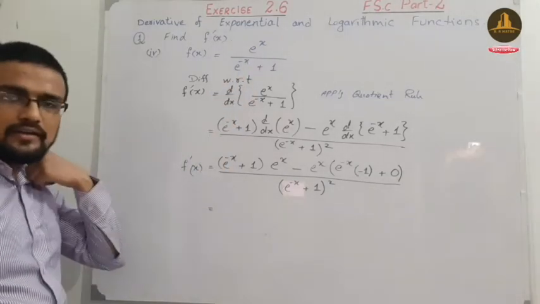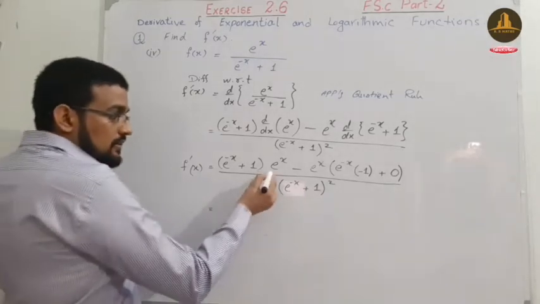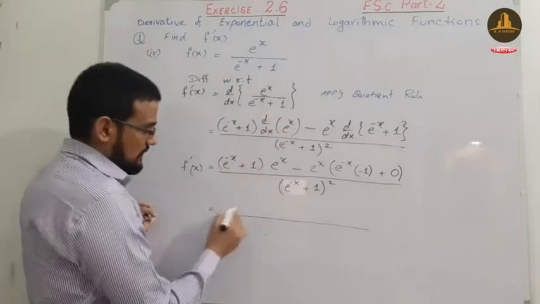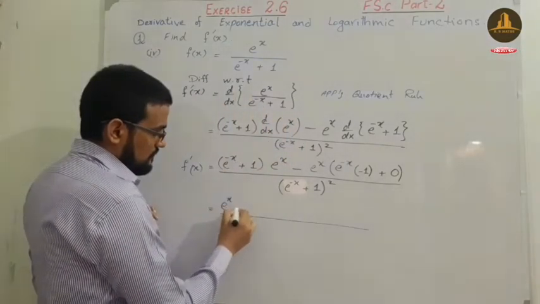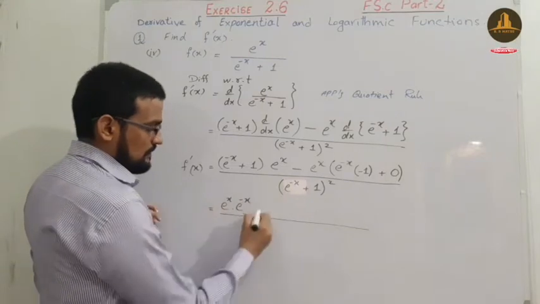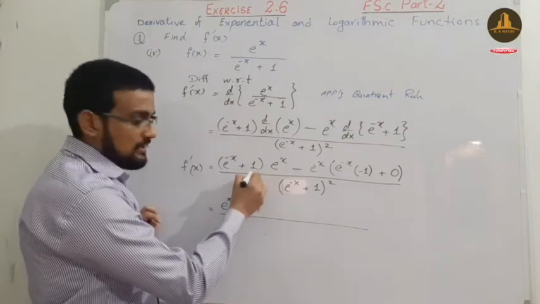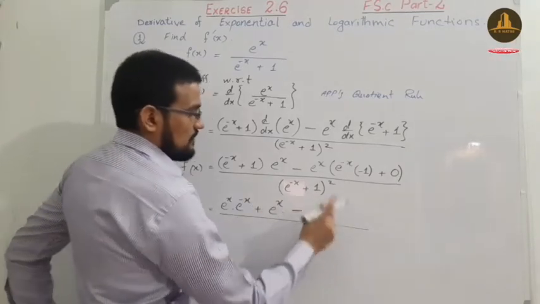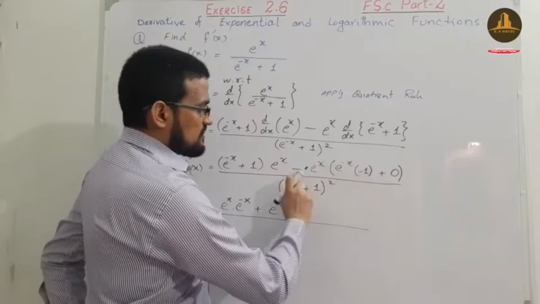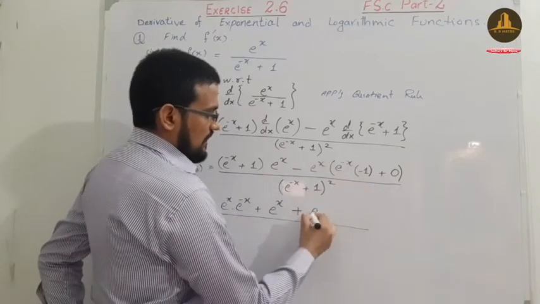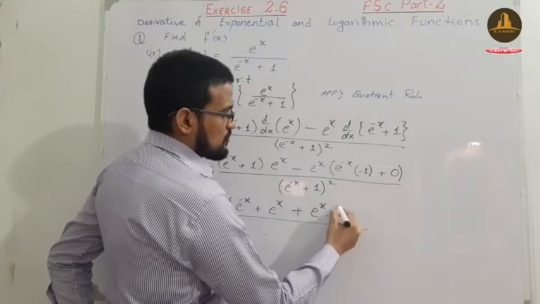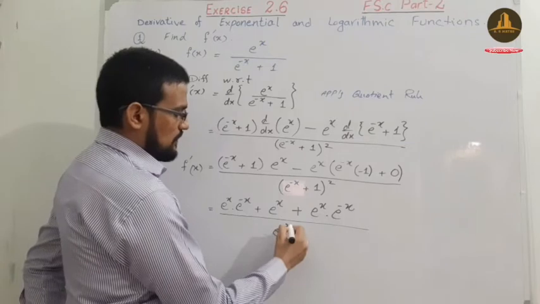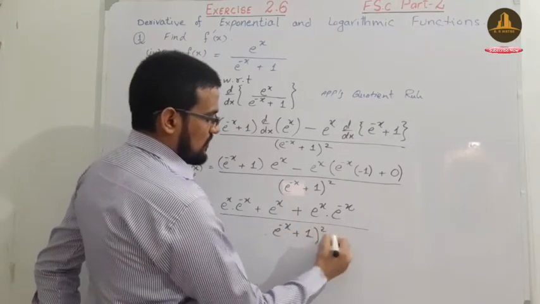So simplify it and then get the final result. e raised to power x multiplied by this e raised to power minus x plus 1, plus e raised to power x multiplied by 1. Here minus plus, and e raised to power x into e raised to power minus x, and the denominator is e raised to power minus x plus 1 whole square.